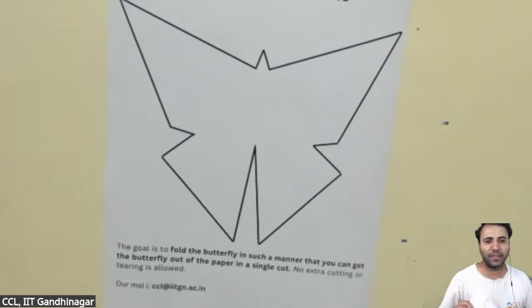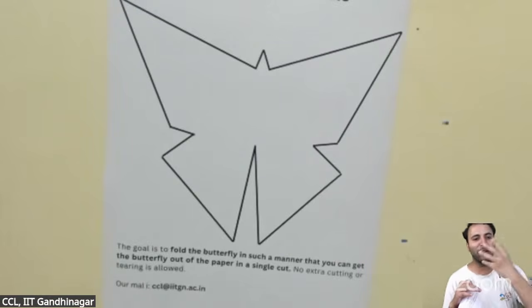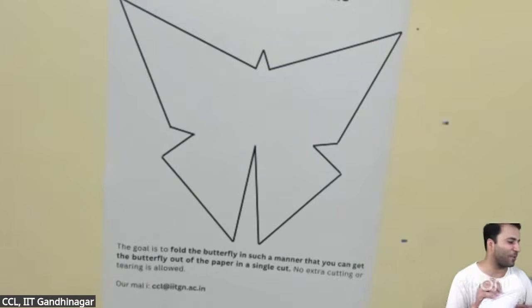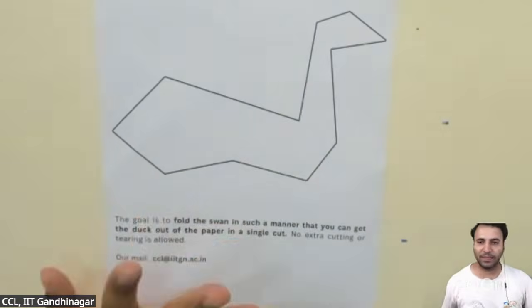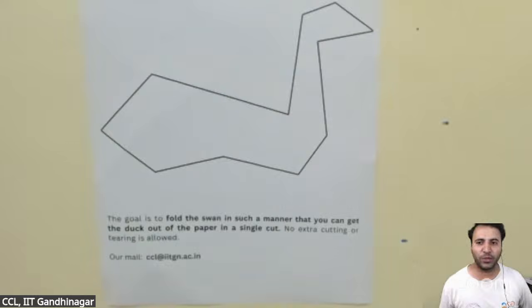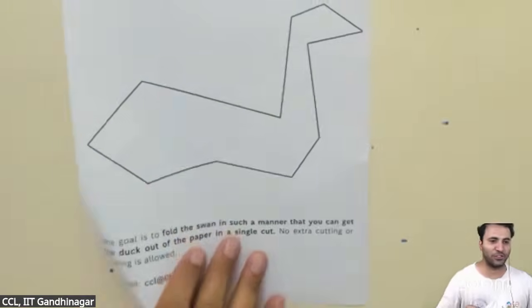You have to fold this butterfly in such a way that a single cut of a scissor and the butterfly should come. Similarly here you have ये वाली कुछ बतख जैसा चित्र है. You wanted to cut this one in such a way that the bird should come out of this paper.